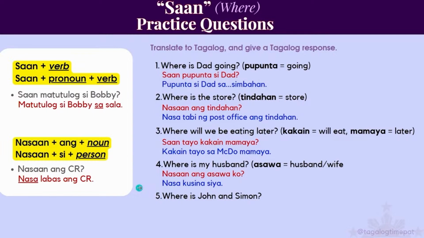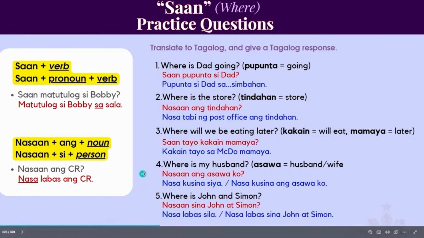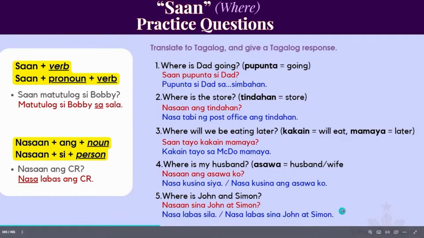And then last one, where is John and Simon? Nasaan sina John at Simon? So it's nasaan because we're just asking about them, not about what they're doing or where they are doing something. And then it would be nasa labas sila, they are outside. Or nasa labas sina John at Simon.